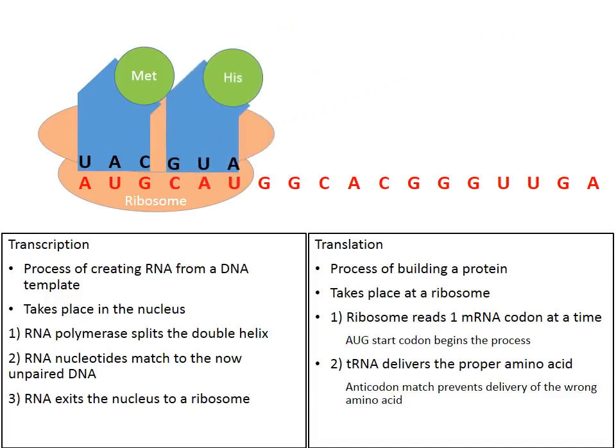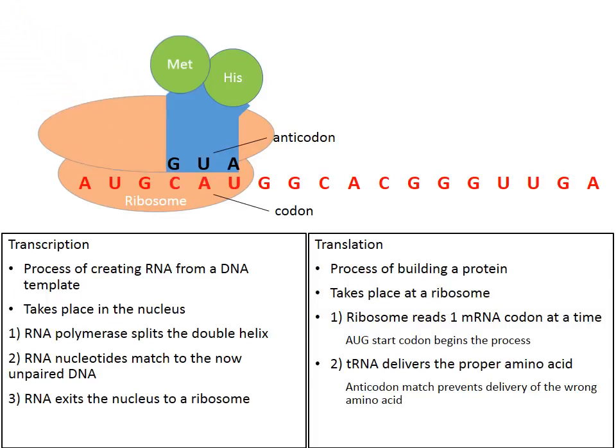HIS is the abbreviation for histidine. And notice again how the GUA anticodon is a perfect opposite match of the CAU codon. This means that it's the proper amino acid and it allows the bonding to proceed. What happens is the 2 amino acids will bond, and the first tRNA, now that it has dropped off its amino acid, can just drift away.